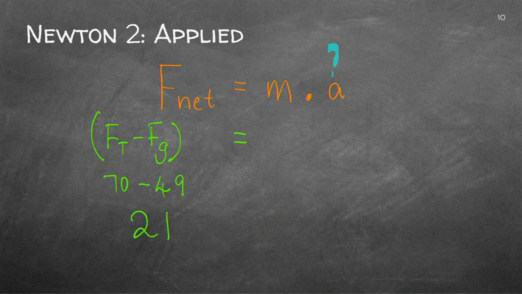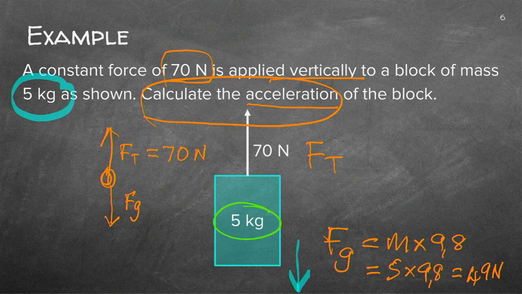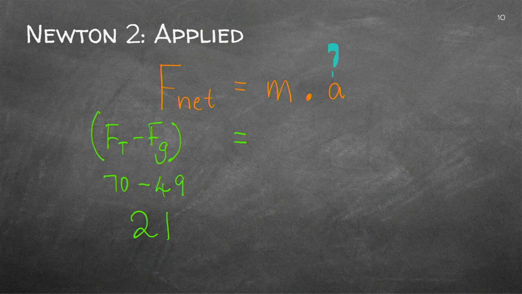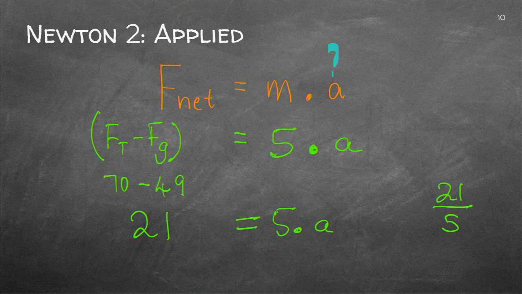The mass, they gave me the mass. Remember here they said it's 5 kilogram. So what we have there is 5 kilogram, and the only quantity that I don't have is the acceleration, and that's what they asked of me. So now I've got 21 equals 5a. Remember, you're going to do 21 divided by 5, and the acceleration I got was 4.2 meter per second square.